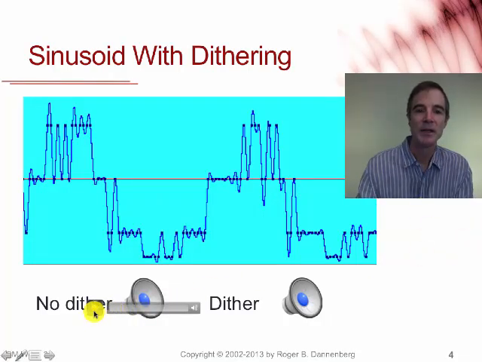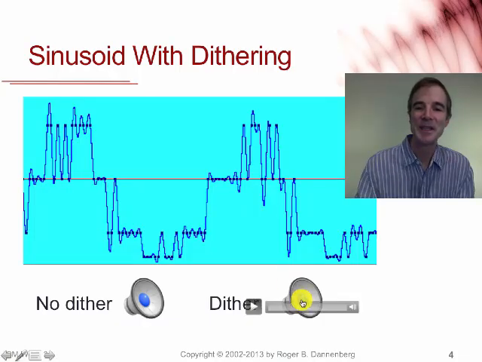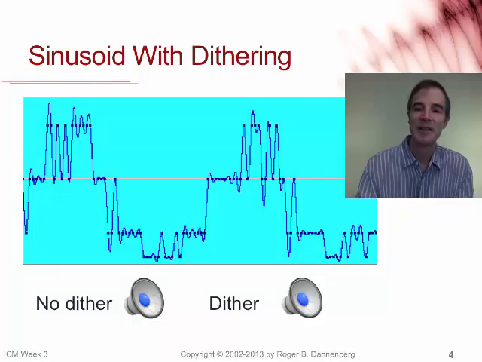Okay, so here's an example with no dither. Wow, that sounded horrible because this sine wave was being systematically distorted and clipped by the quantization.